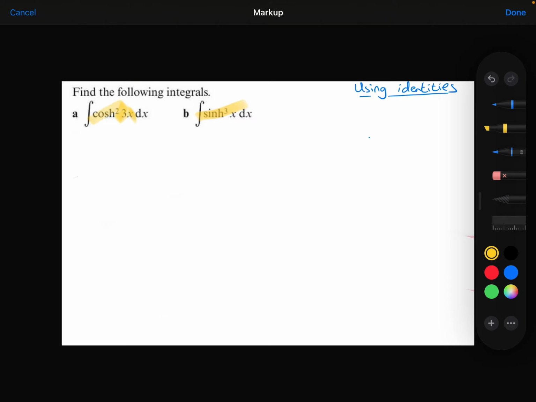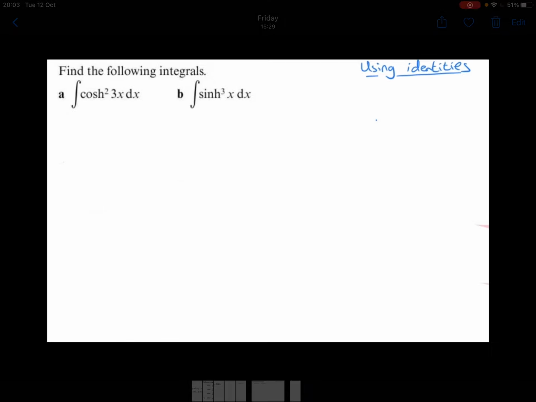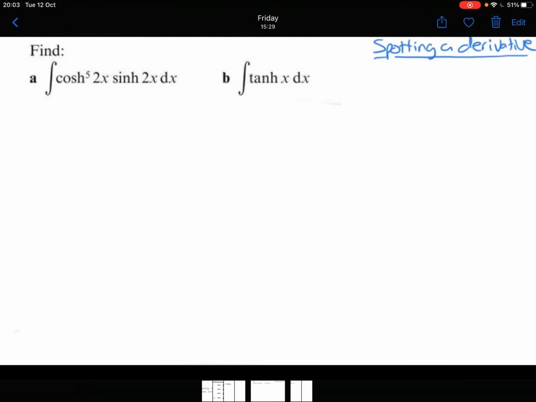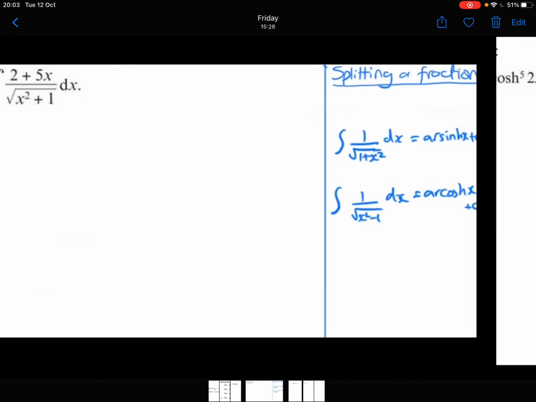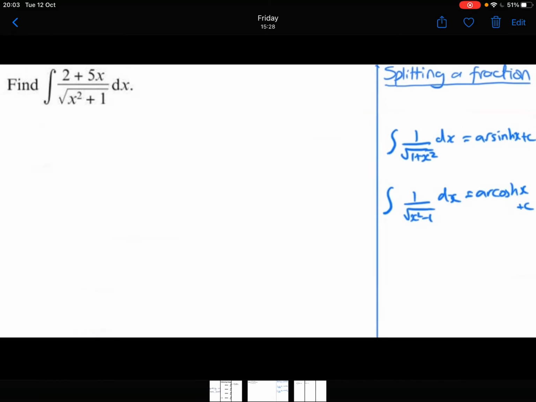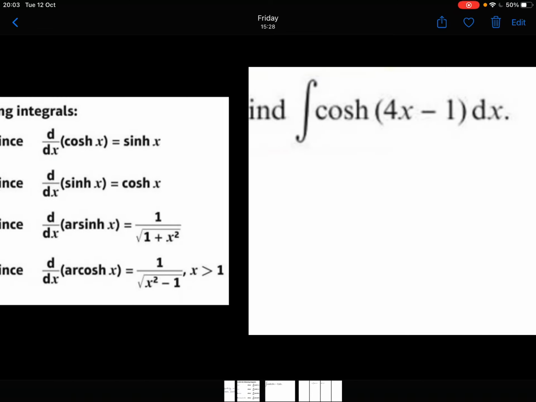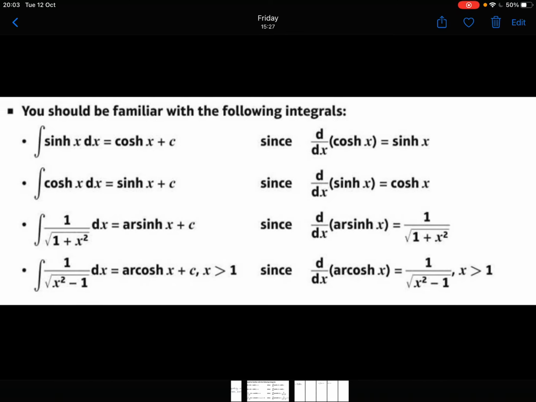Cosh squared, use the double angle formula. Sinh squared, use the double angle formula. Our good old friend spotting the derivative, and splitting a fraction up into two parts so that you can use those standard results that are given to you on the formula booklet.